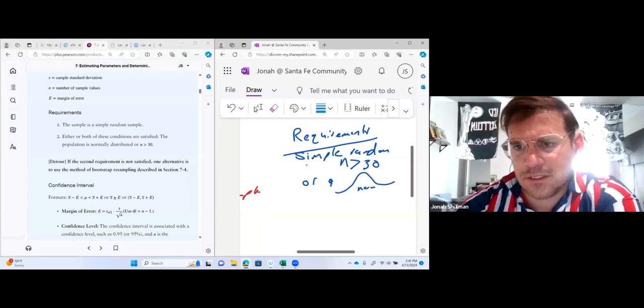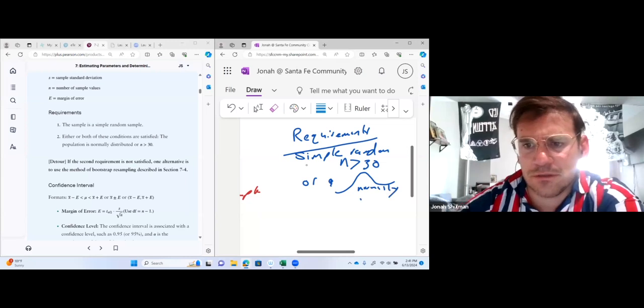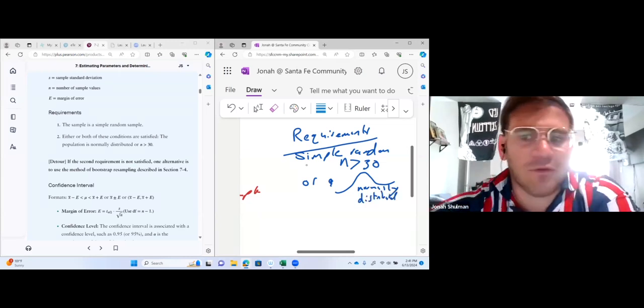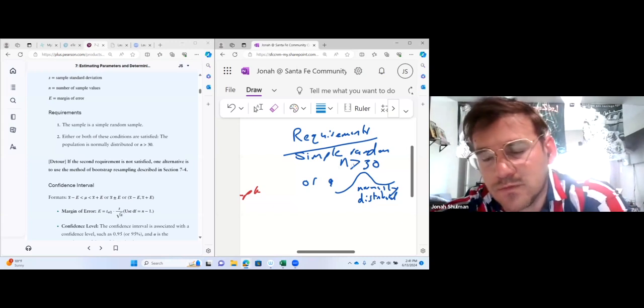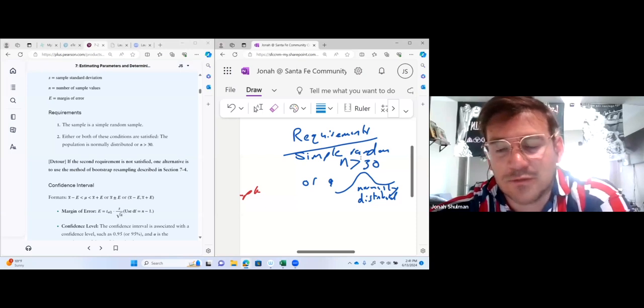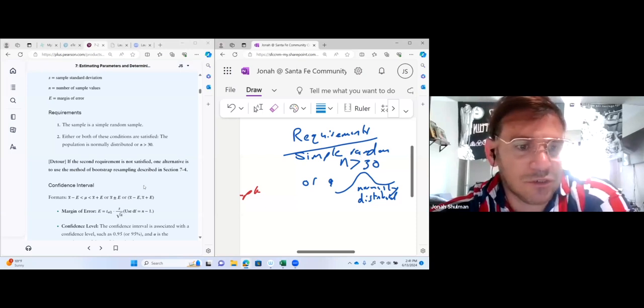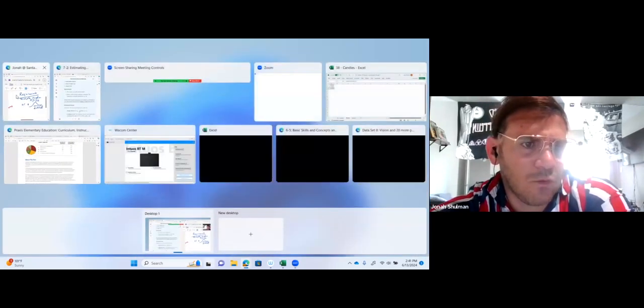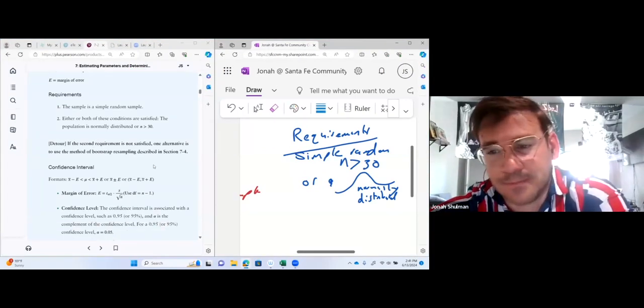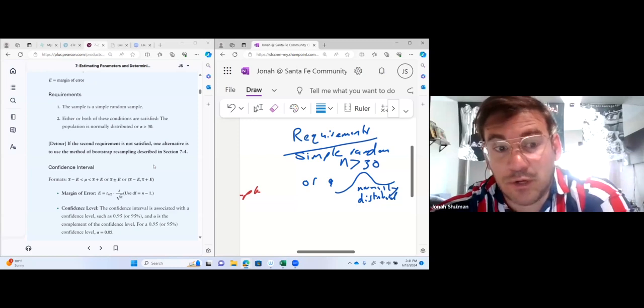So as long as it's normally distributed, or if it's bigger than 30, we can do this. And remember, the reason we can do this for anything bigger than 30 is because of the central limit theorem. If that stuff's still weird for you, just rewatch that video or shoot me an email. All right, if the second requirement is not satisfied, we can use the bootstrap resampling method. Honestly, I wouldn't worry about that.